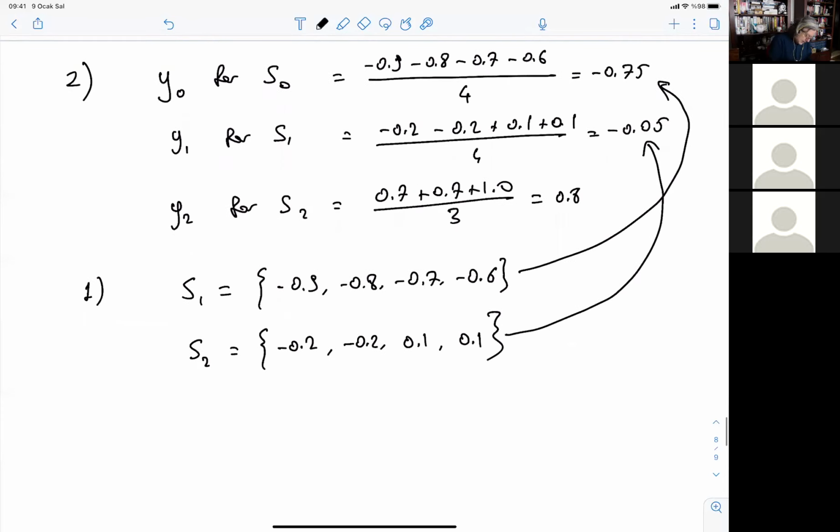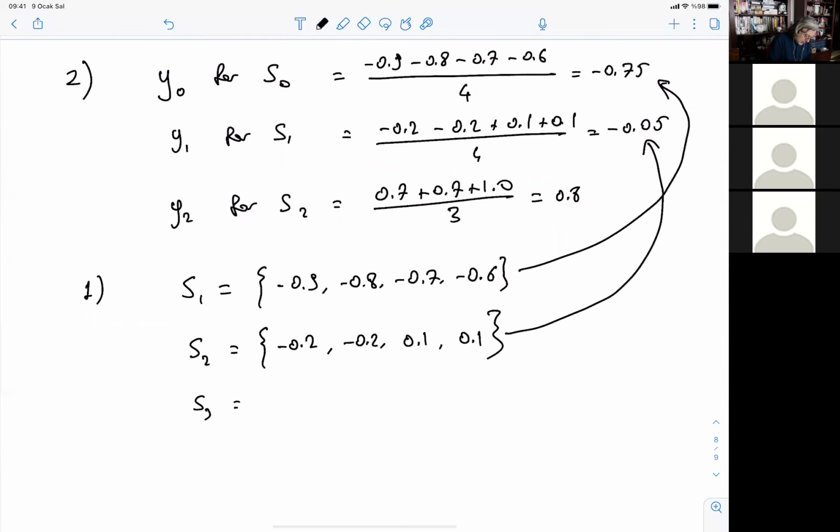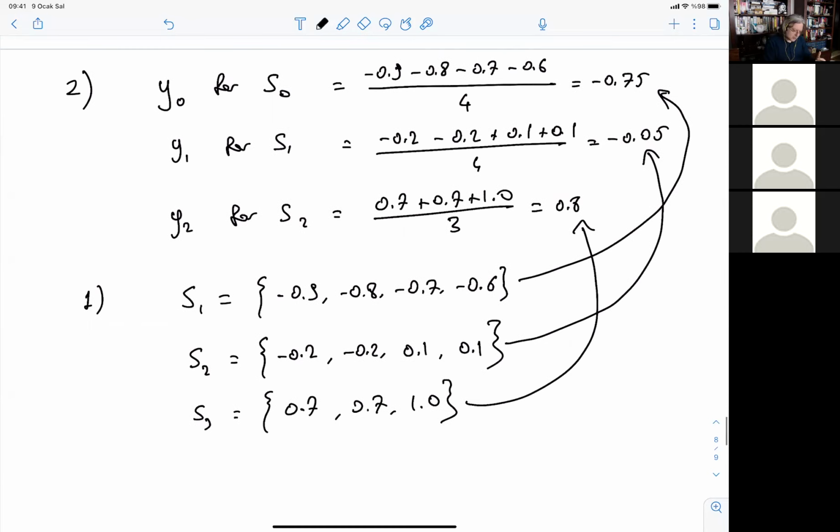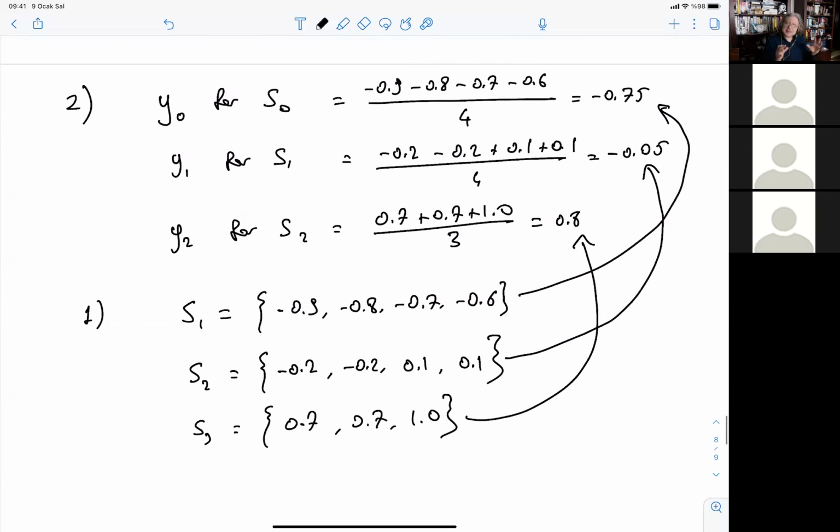And finally, S3 will be again 0.7, 0.7, and 1.0, which will be nearest to 0.8. So using this iteration, I come up with a solution which is exactly the same as the previous solution. So the classes didn't change.